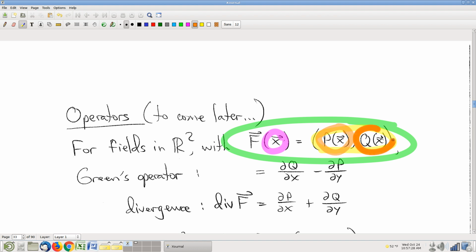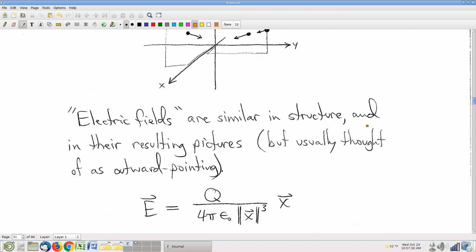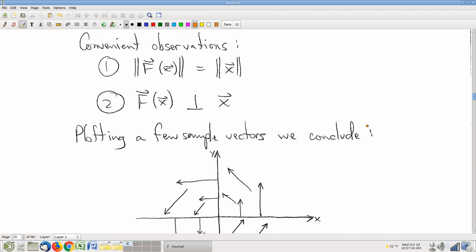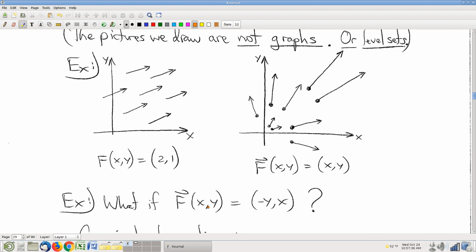You can look back at vector fields that we've seen. Here's one. This output vector has formulas for the individual coordinates. The first coordinate of this field has a formula, negative y. The second coordinate of this vector field has a different formula. It's x in this case.